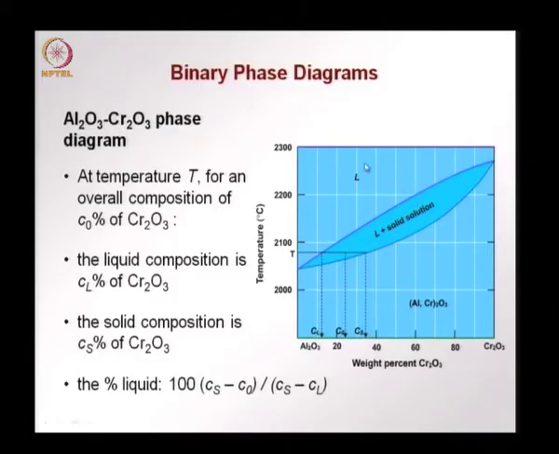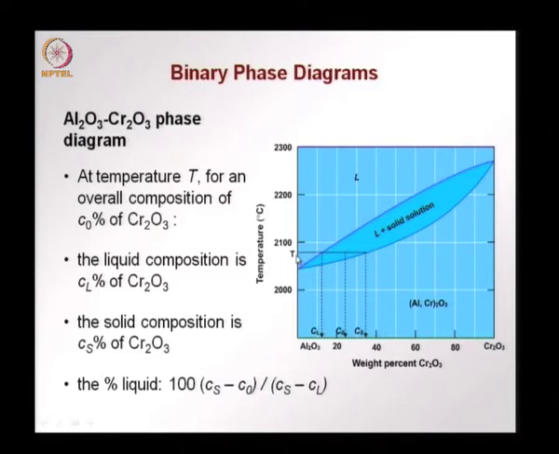So, we have now L defining the liquid phase region. Here we have the solid phase consisting of the oxides of aluminum and chromium, and between these two we have the two phase region, which shows us the region where the liquid phase and the solid phase can coexist.